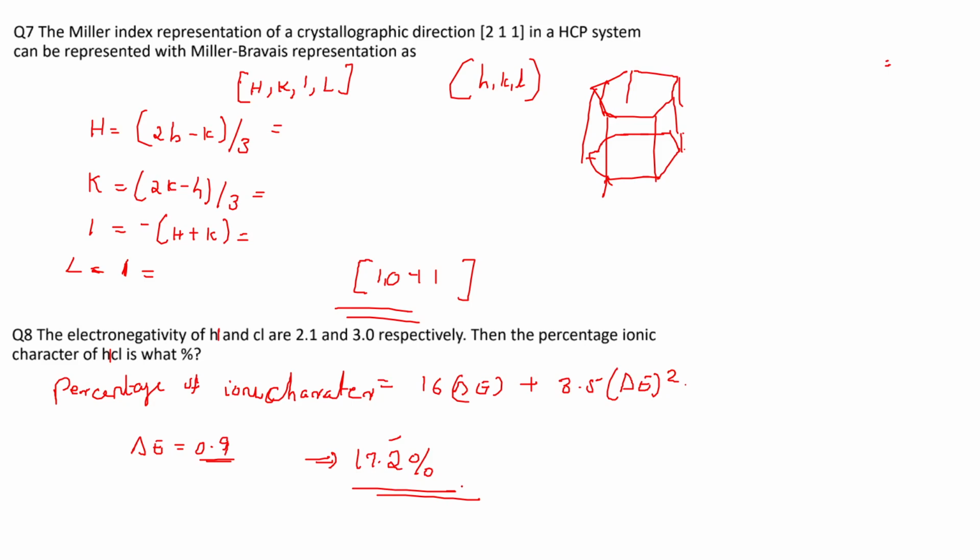Then there is another formula involving an exponent. Shouldn't that be used, ma'am? You can, if it gives the same result, then you can use it, no problem. That is giving 18.3%. Which formula is it? 1 minus exponent of minus 0.25 multiplied by (Xc minus Xa) squared, that is 1 minus e to the power minus delta En square by 4, right?